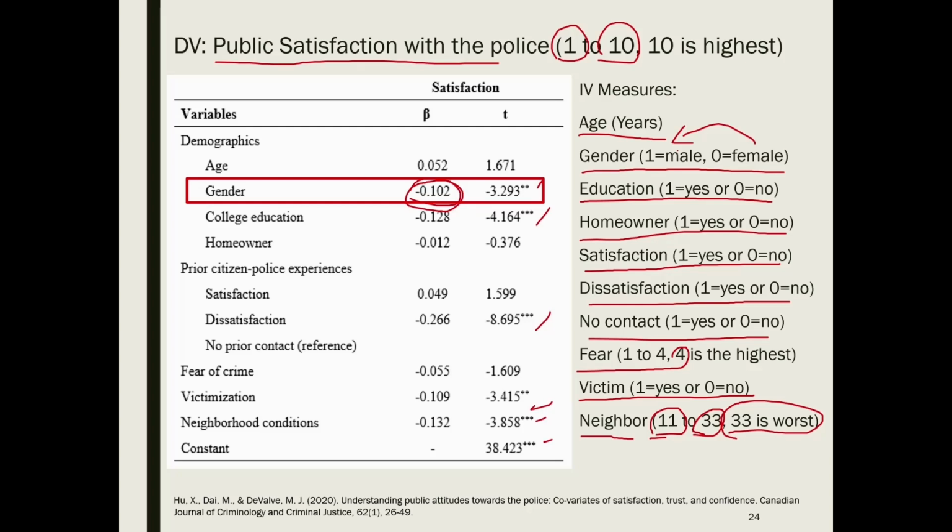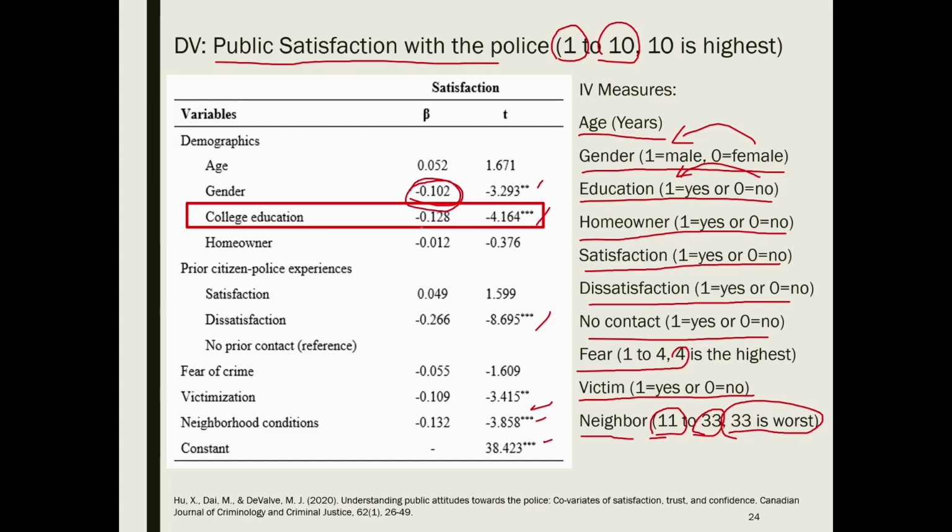Okay, the males are less likely to be satisfied with the cop when holding other variables constant. Similarly, college education, from 0 to 1, is a decrease in the dependent variable.